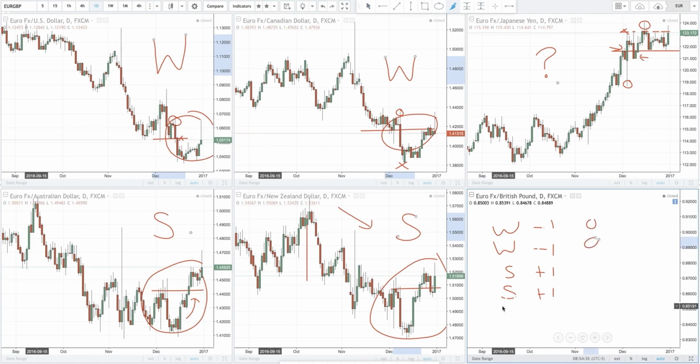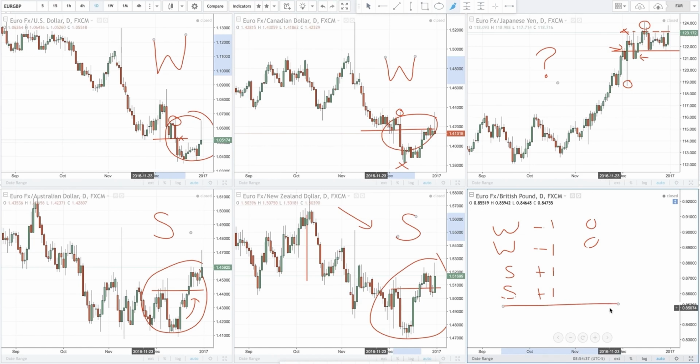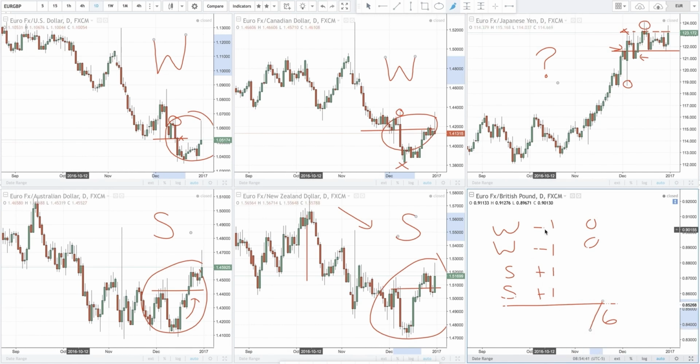So in total, there are 6 possibilities, and out of 6, what's our score? -1, -1 is -2. -2 plus 1 is -1. -1 plus 1 is 0. Basically, there is no flow in the market. It's not telling you a definite direction, which means Euro is not a pair of interest. Keep that in mind. Let's do another example.